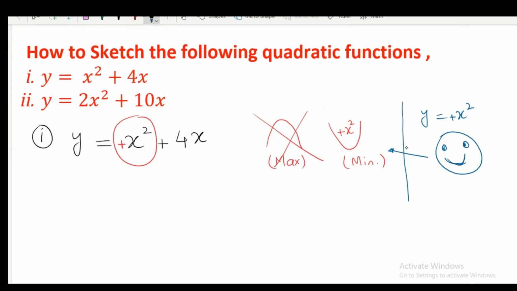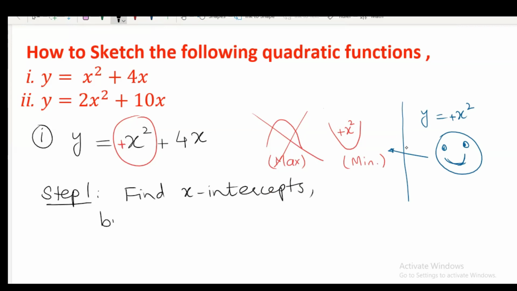Now, step number 1 is to find the x-intercepts by putting y equals 0, that is, by replacing y in equation number 1.